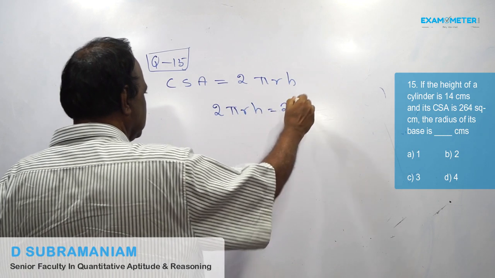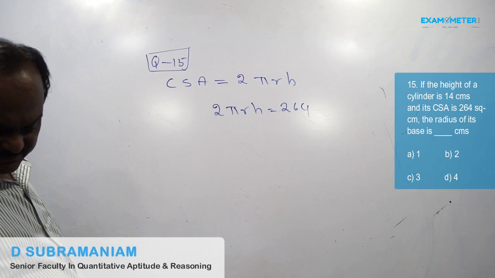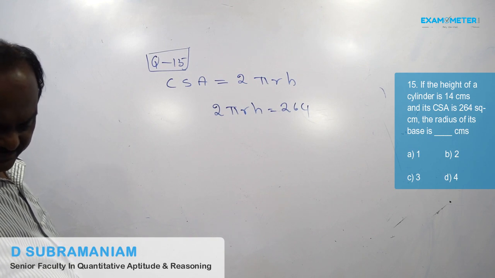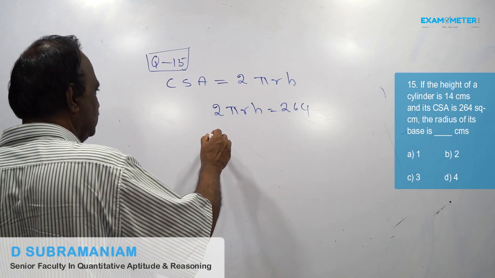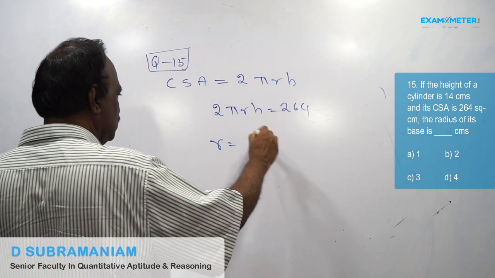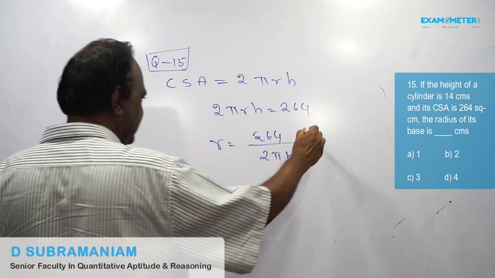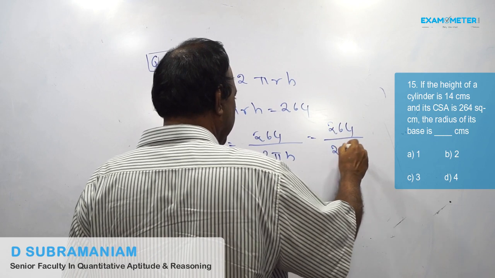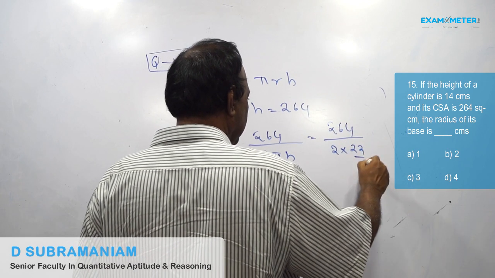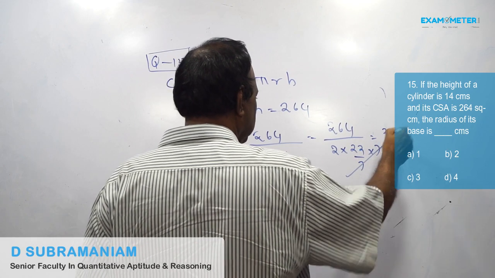This is given as 264. Now we have to find out the radius. Length is given, that is 7. So r is equal to 264 by 2 pi h, that is 264 by 2 into pi value into 7. This comes to 3.